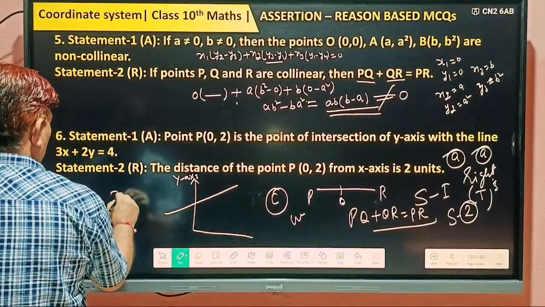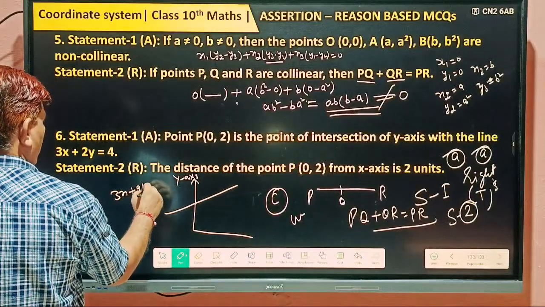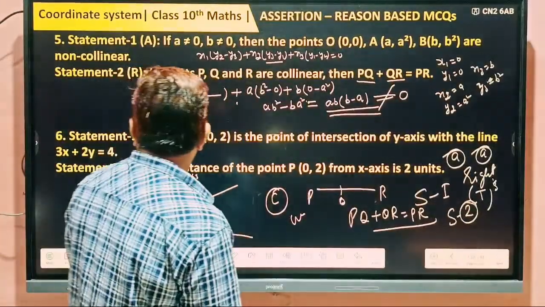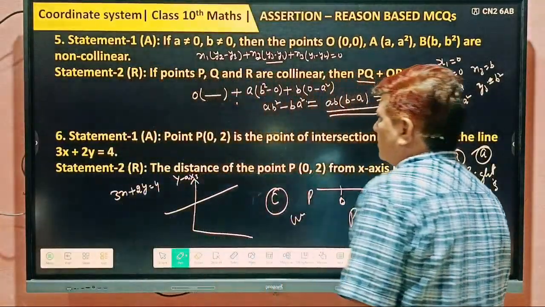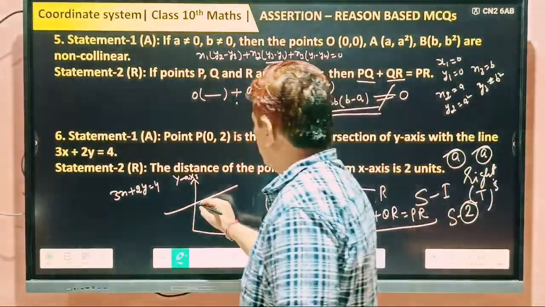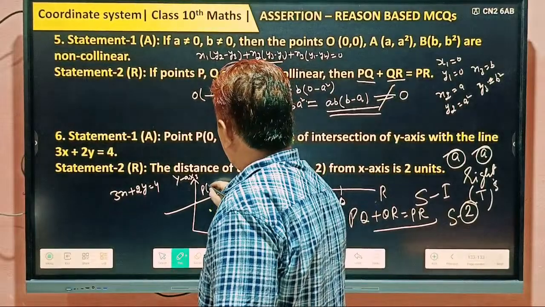Which line? 3x plus 2y equal to 4. And this is a point P whose coordinates are these.